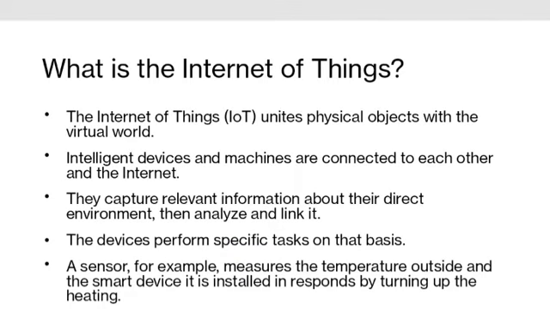So first I start with a question. What is the Internet of Things? The Internet of Things is nothing but the combination of physical objects and the Internet. These physical objects may be like an intelligent device or machine connected with the internet.